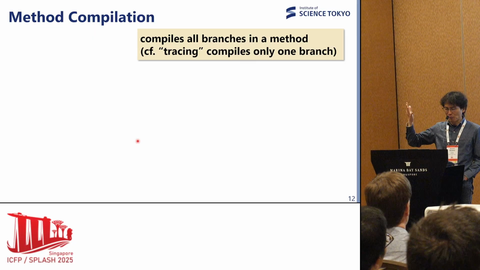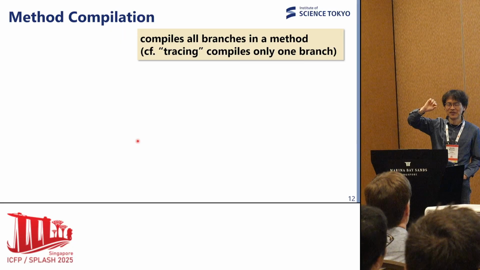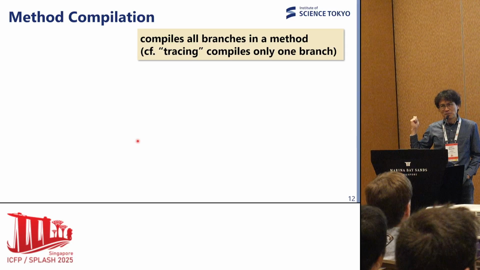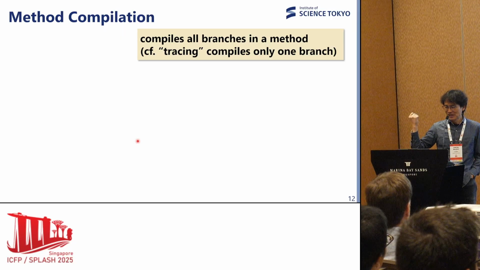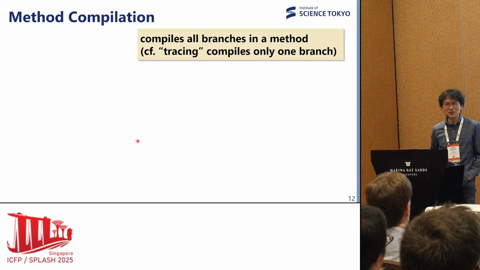Method compilation usually compiles the whole method. That means if there is a conditional branch, it compiles both the then and else branches. By tweaking the meta-interpreter definition, we can get method compilation using the RPython framework.